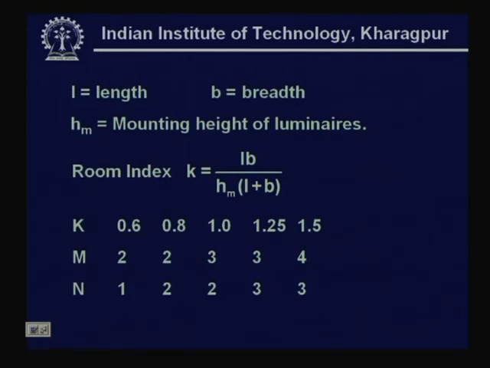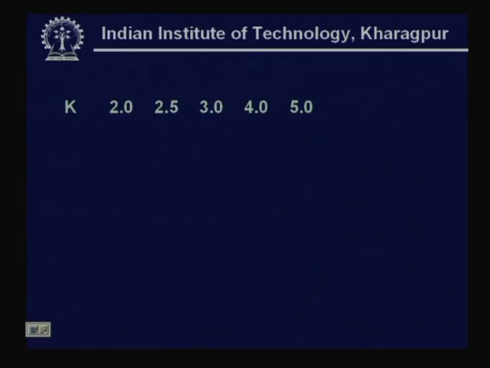For a room index of 0.6, we find 2 lamps are adequate: 2 lengthwise, and probably only 1 widthwise, that is, 2 by 1, 1 column in 2 rows, you could say.